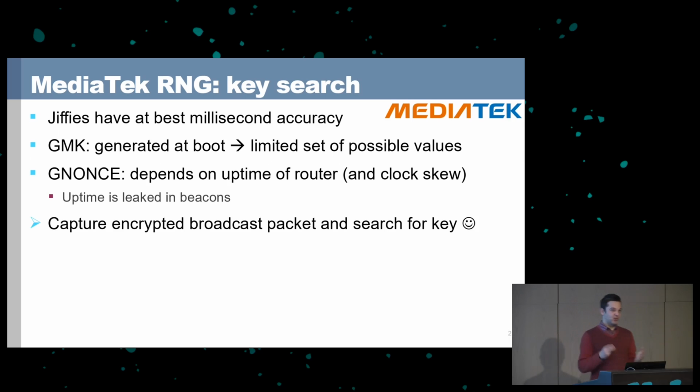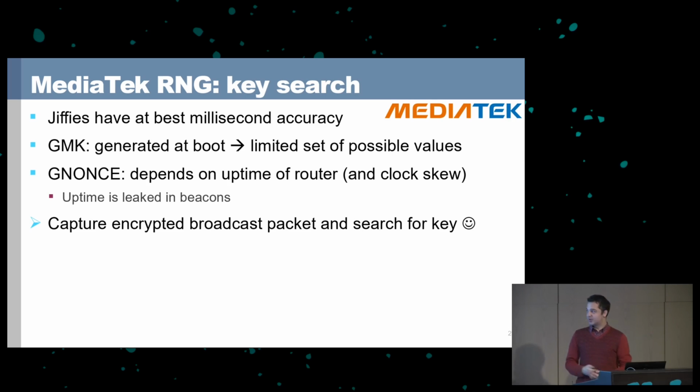So basically, what do we have to do for a successful attack? We need to capture one encrypted broadcast or multicast message. We also have to capture a few beacons to estimate the uptime, and then we can do a search through the whole key space.